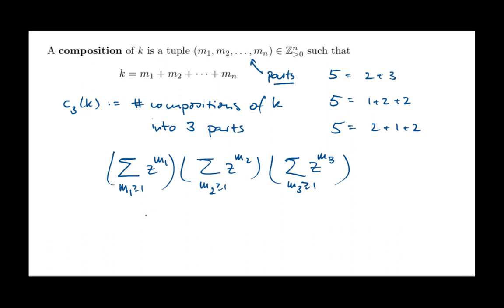If I multiply this out, a typical coefficient over here will look like, well, a z to the m1 plus m2 plus m3. So what you see up on top is precisely one possible composition of k. And if I multiply these 3 infinite series out, I will end up with all compositions of k into 3 parts. This is, by construction, the generating function that we're looking at.